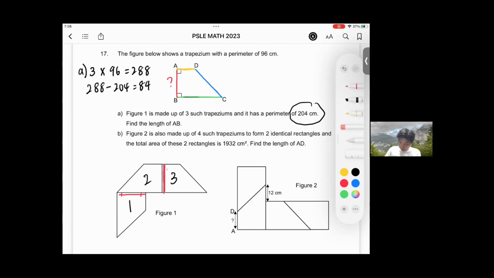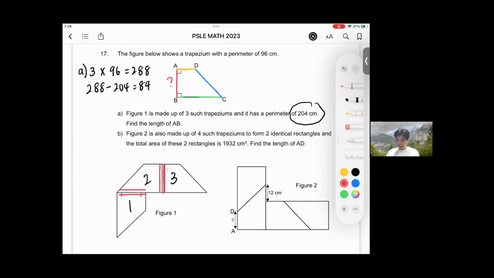Number 1, right over here. This line here, that is not part of the perimeter because it's inside. And then there's another line that is over here. Now, I use a red line to draw over here because that line has the same dimension as the red line in trapezium 1. So that is the line that is not part of the perimeter.